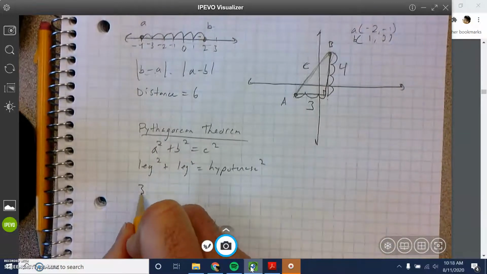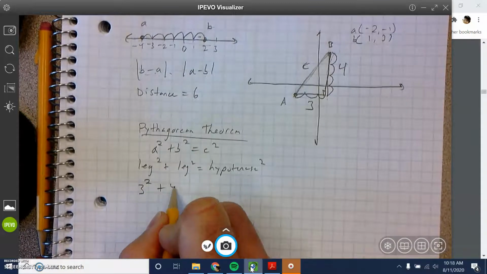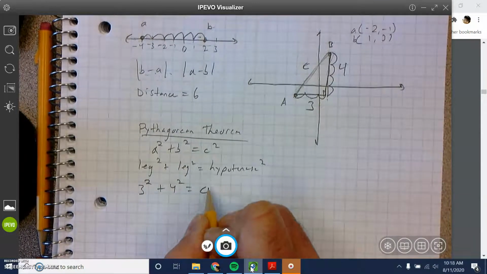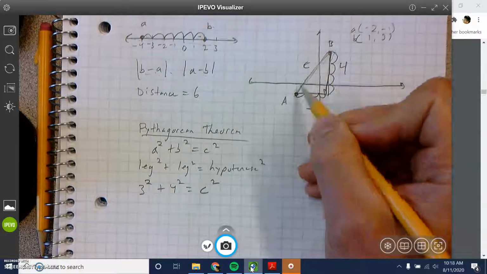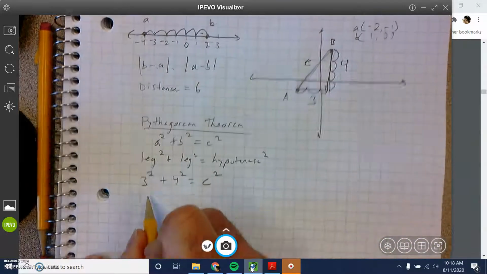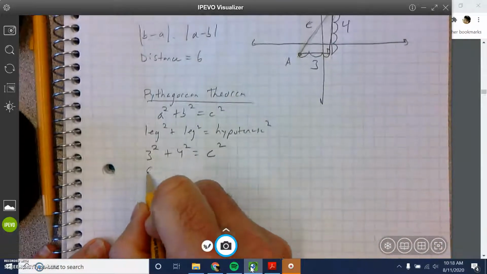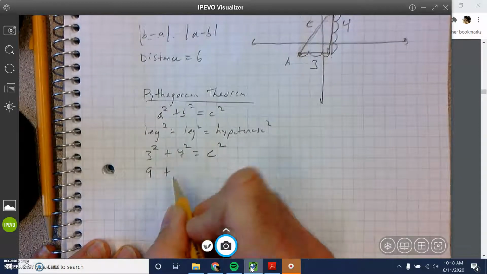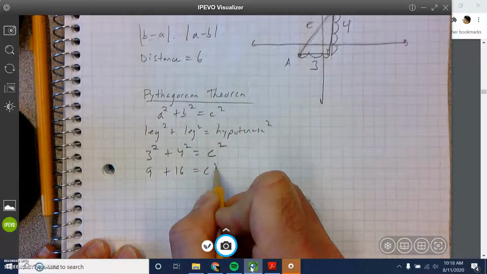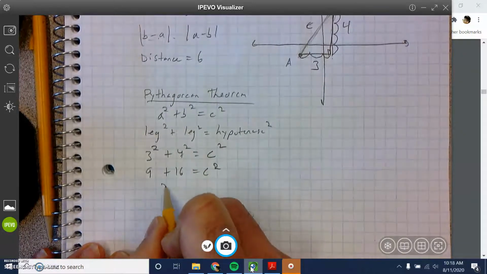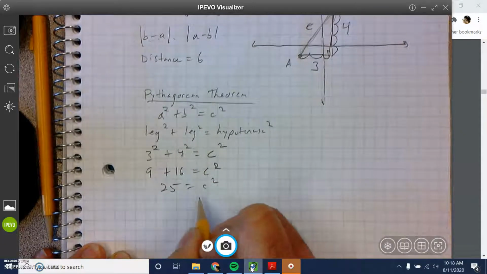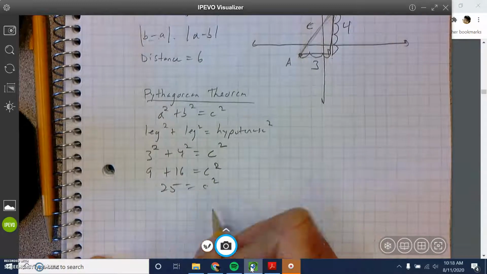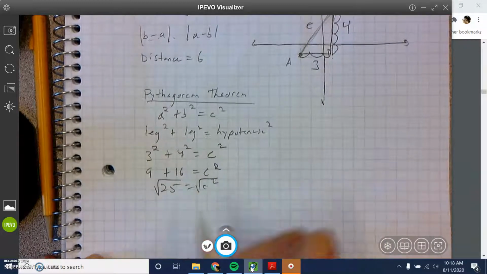So that's going to be 3 squared plus 4 squared equals c squared, which is what I want, my distance. So 3 times 3 is 9. That's not 6. That's 3 times 3. Plus 4 times 4, which is 16, is c squared. Add them up. You get 25 equals c squared. What's the opposite of square? Yes, square root.